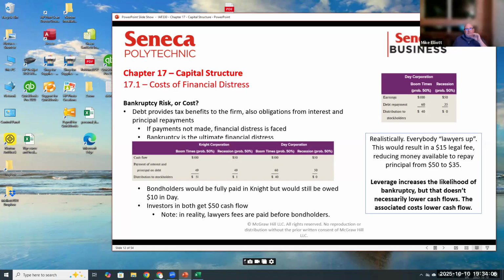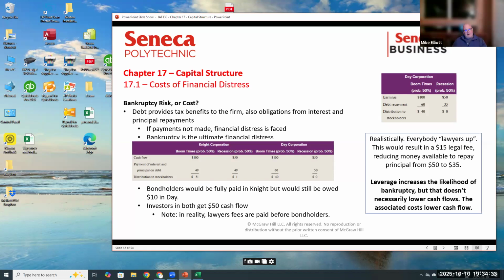Realistically, before we get to the point where I have $60 that I have to pay and I only have $50 left, everybody's going to lawyer up. And when we lawyer up and get our lawyers, we start to get legal fees. Legal fees are substantial. Realistically, we're not going to be able to pay out $50 at all. We owe $60, but we're going to pay $15 in legal fees first.